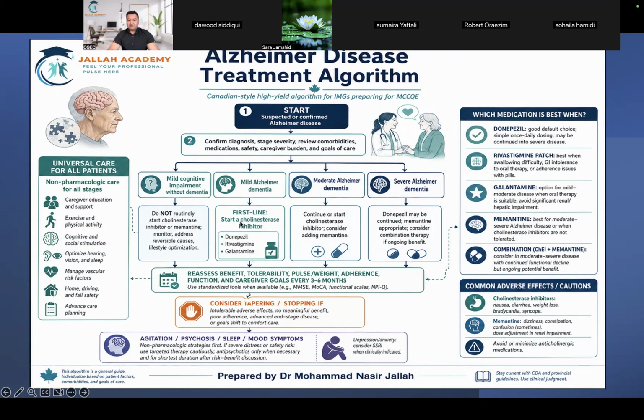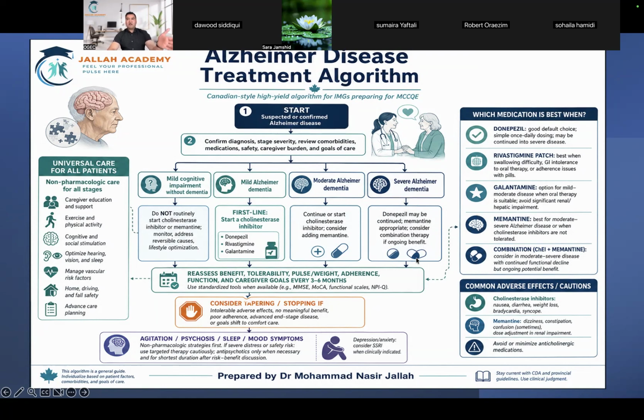One of them has to be there, which is a cholinesterase inhibitor. For moderate Alzheimer's, continue or start cholinesterase inhibitors. If the patient is on one, continue. If you haven't started yet, start it. Consider adding memantine if it is moderate, but again, depending on the mini-mental status exam, we will decide. Severe Alzheimer's dementia: donepezil may continue, memantine is appropriate, consider combination therapy if there is ongoing benefit.